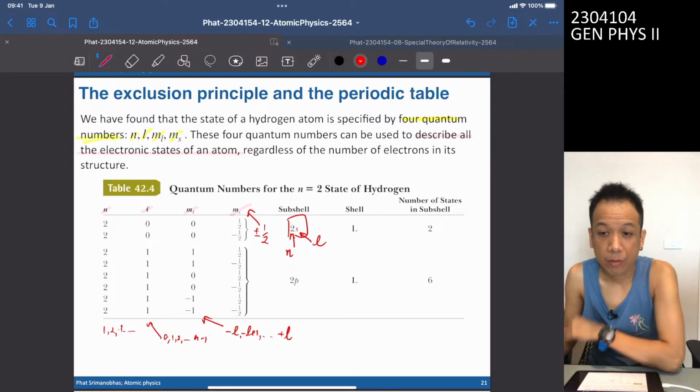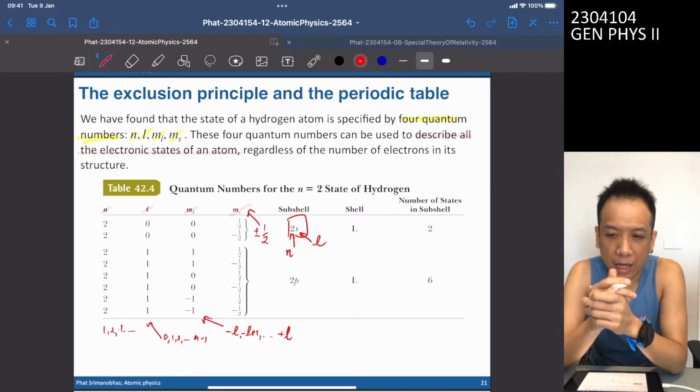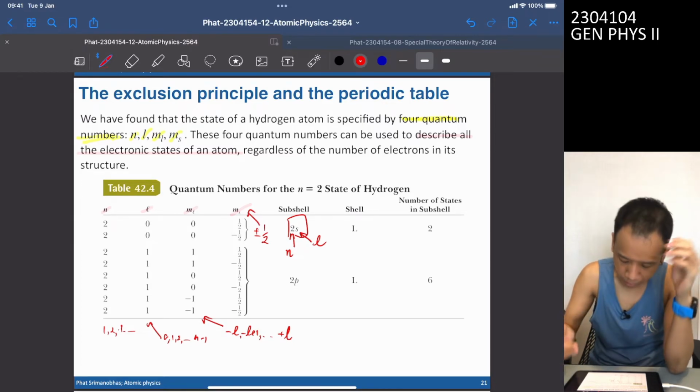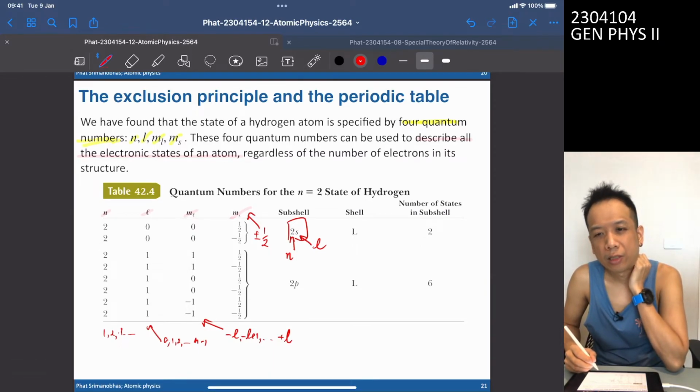If you have elements, how can we fill the electrons into the states? For example, we are talking about going next from hydrogen, right?